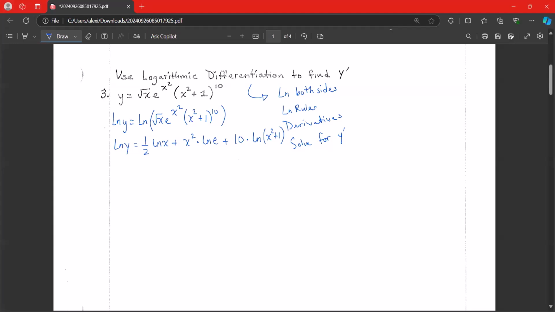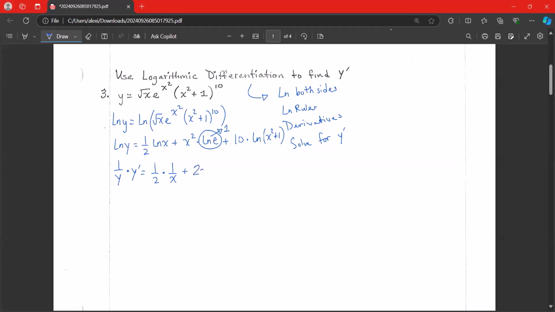The derivative of ln y is 1 over y times y prime equals 1/2 times 1 over x plus, well, we know that ln of e is just 1. So this is just x squared by itself.